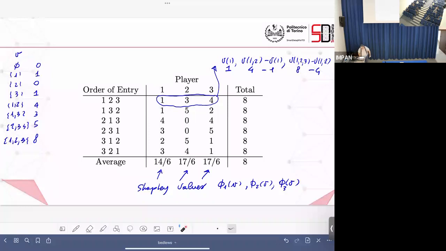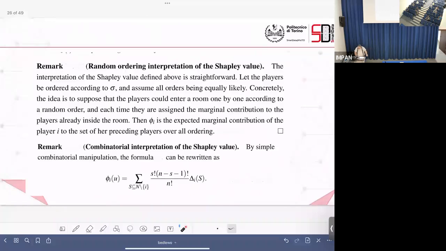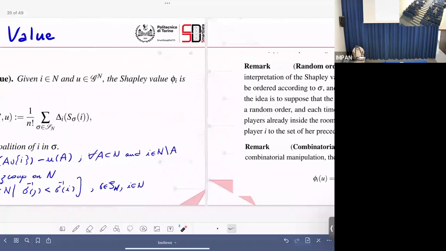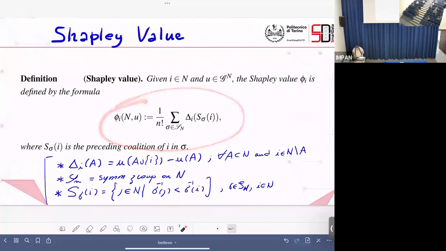Okay, problem with this. First problem is here. This formula is nasty. It's gigantic if n is big enough. If you work with genetic data, you have 10,000 players. So to write down, to compute that is practically impossible.